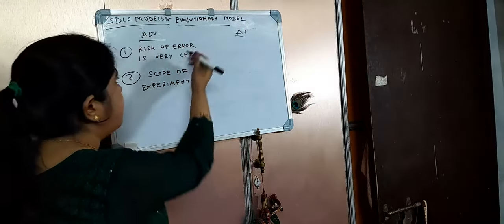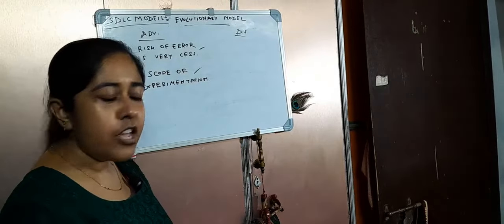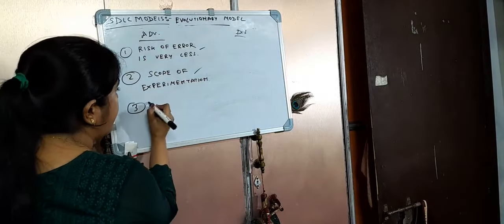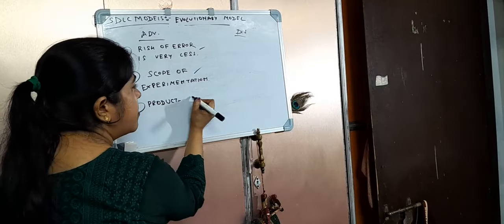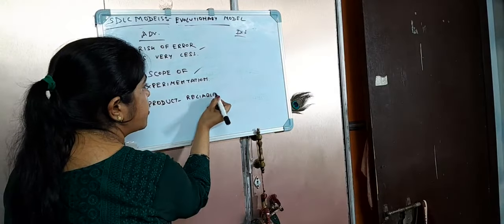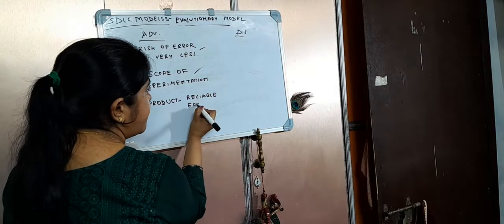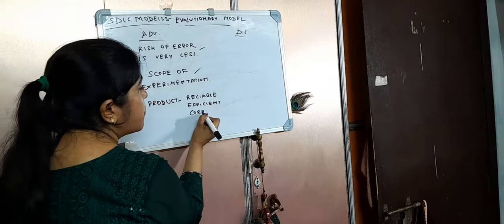Of course, if your errors are less, you can do different experimentation. So obviously, in this case, your product will be a very reliable one, as well as an efficient one, and it will be a correct product.